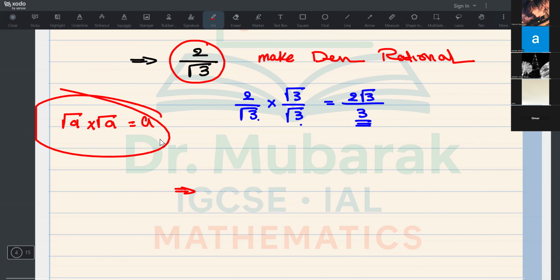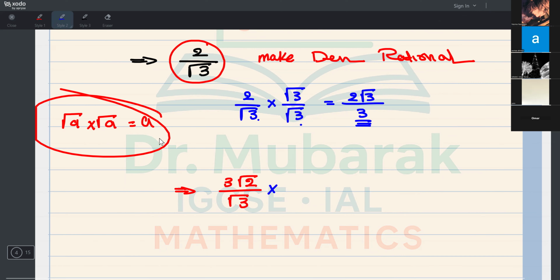Rationalize 3 root 2 over root 3. Asma, can you hear me? Yes. Can you rationalize this expression? How? Multiply 3 root 2 by root 3 over root 3.